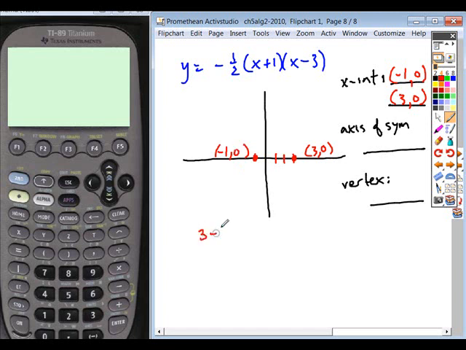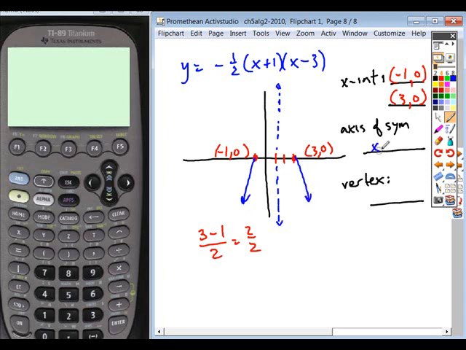So I have 3 plus a negative 1 all over 2. So I get 2 halves, or 1. So here is my axis of symmetry. It's halfway between these. Is my graph going to open up or down? So I expect my vertex to be up here somewhere, right? Because my graph has to open down.